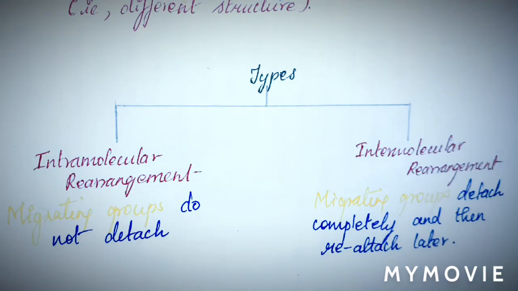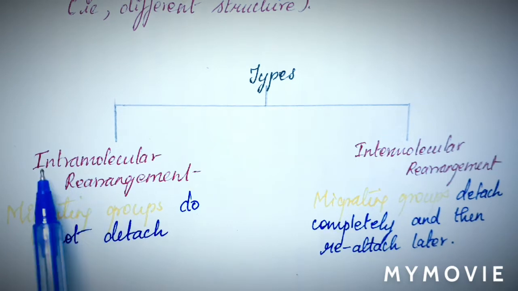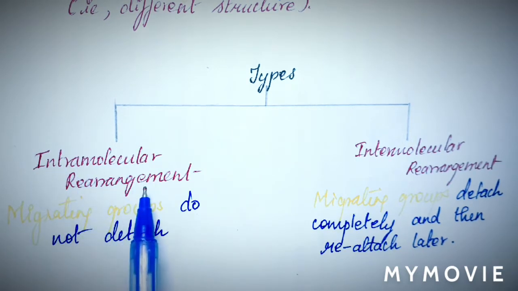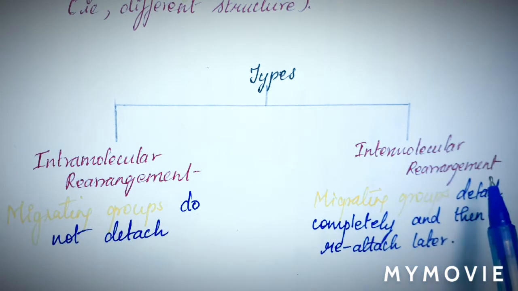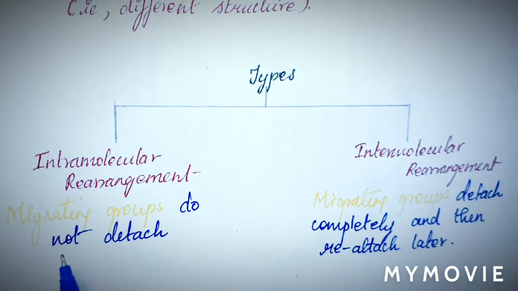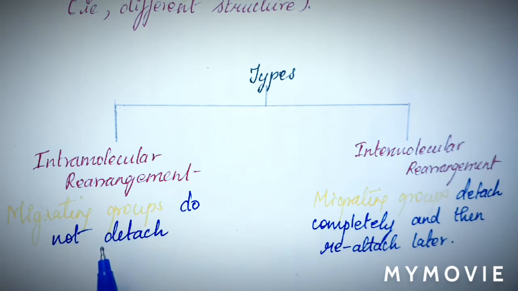Now let's look at the two types of rearrangement reactions. The first one is intramolecular rearrangement and the second one is intermolecular rearrangement. The first type is one where the migrating groups, I already told you that the atoms are changing their place, so those are the migrating groups, will not detach themselves from the reacting organic compound or the substrate that you are taking.